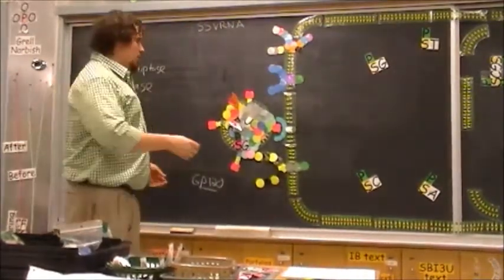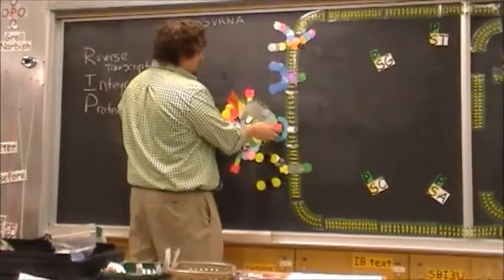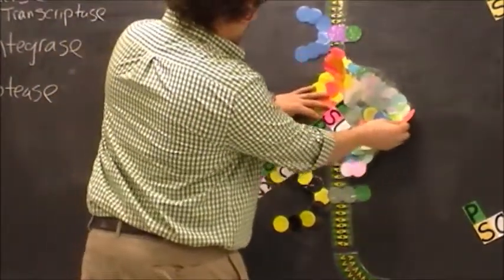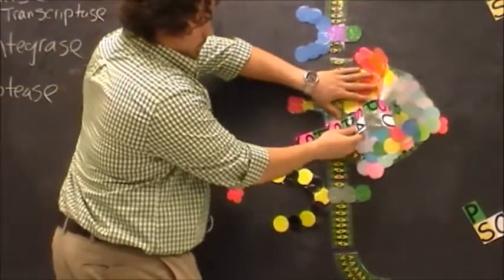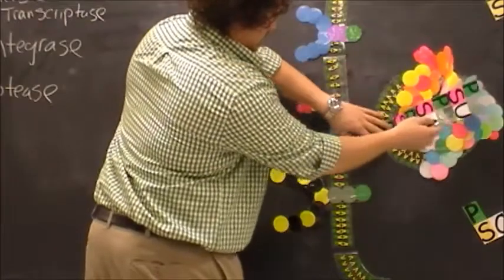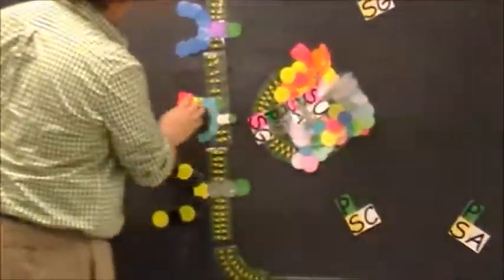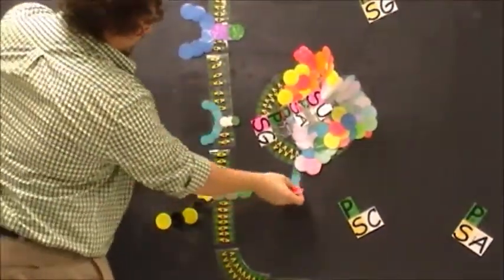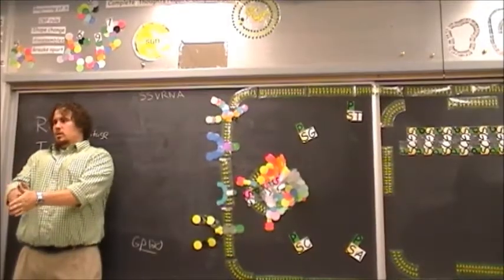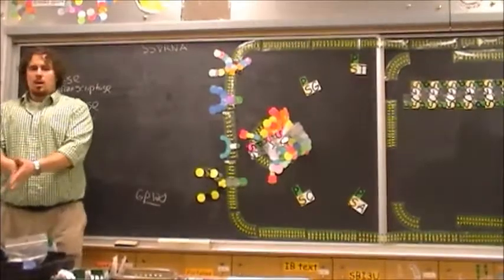And that allows for the contents of the virus to get moved into the cell. We still have these guys here. So GP120, we will call it an antigen.